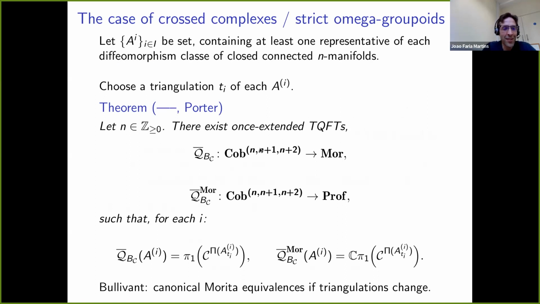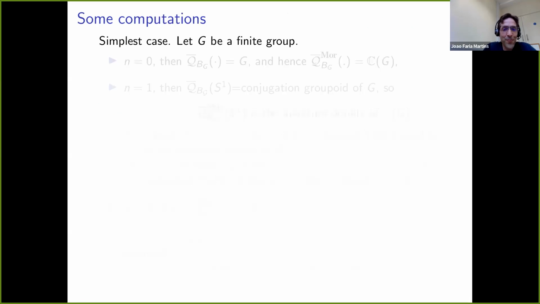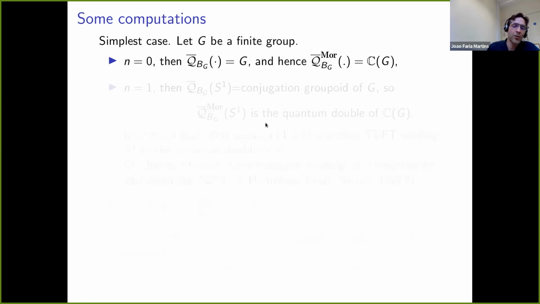The n here denotes the dimension of the manifolds. Okay, so if n is equal to 0, then the groupoid that this extended TQFT associates to a point is G. Well, it could only be G, of course, by the no-free-lunch theorem. So the algebra associated to a point is the group algebra of G.